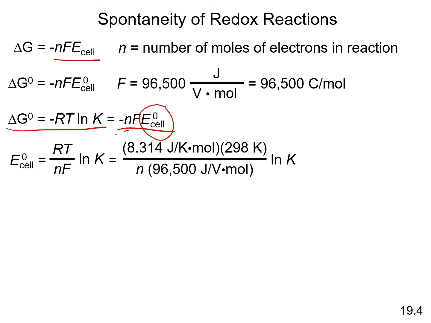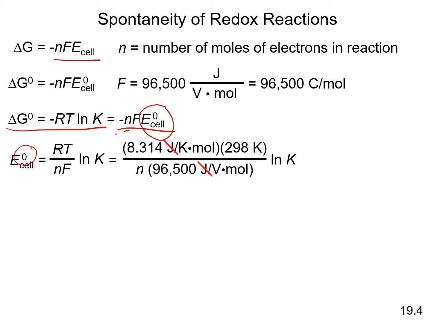And then of course the constants. Because this one is standard, that's the symbol of the standard state. The R, remember, is the gas constant, 8.314 joules per K mole. The temperature is 298 Kelvin, meaning 25 degrees Celsius. And of course the F is Faraday's constant.